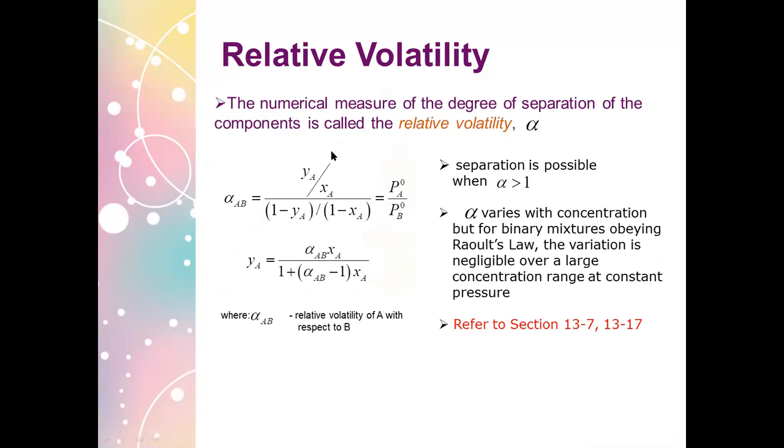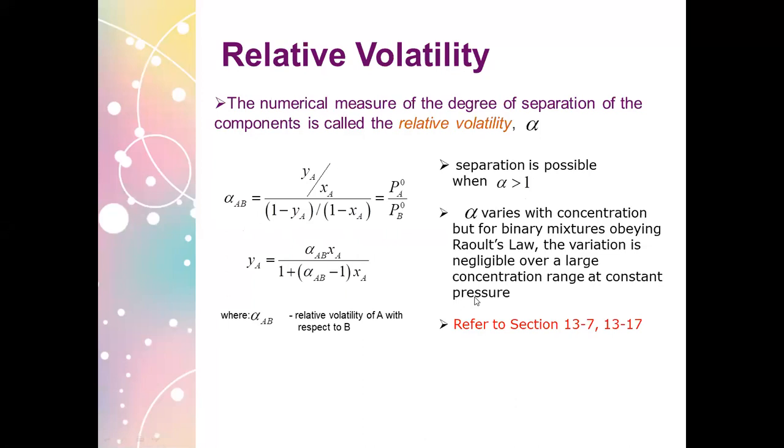So this equation, relating pure vapor pressures and concentration in the liquid phase and vapor phase, was already presented to you in phase equilibria. So in terms of distillation, for us to be able to separate the components in the original feed mixture, alpha has to be greater than 1.